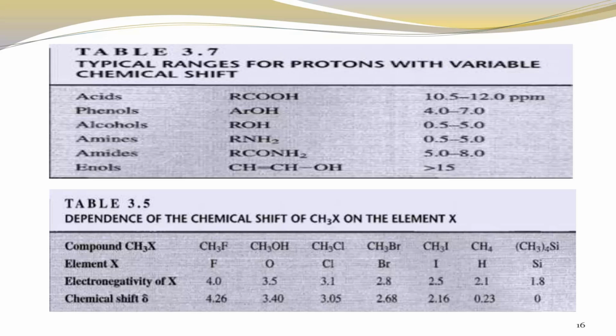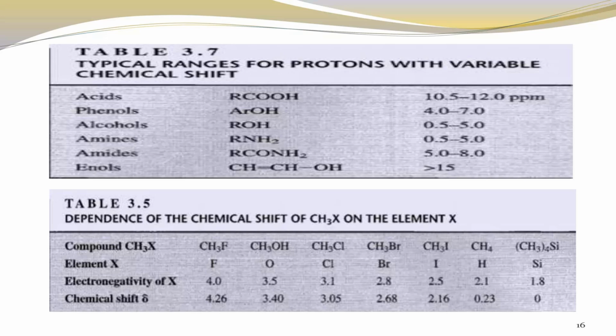Then second is the dependency of chemical shift of CH3X on the element X. If the element X is F, then the electronegativity of X is 4, so the chemical shift will be 4.26. If X is O, the electronegativity of O is 3.5, so the chemical shift will be 3.4.